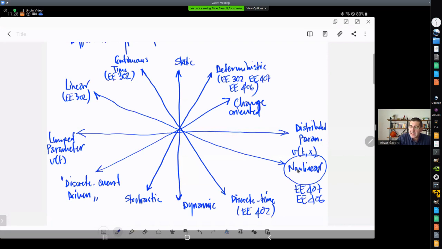We have mainly dealt, and will keep dealing, with change-oriented systems. So in 302, 407, 406, change-oriented systems are where variables are a function of time, essentially. Everything is a function of time, be it continuous or discrete. Everything happens regularly with the change in time.